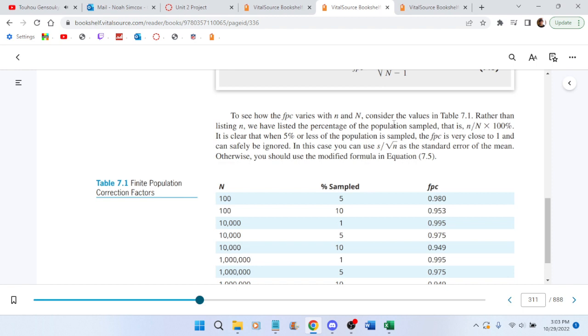So when 5% or less of the population is sampled, you don't need it. 5% of the population. What is n divided by N?